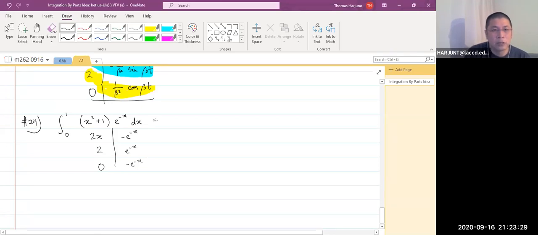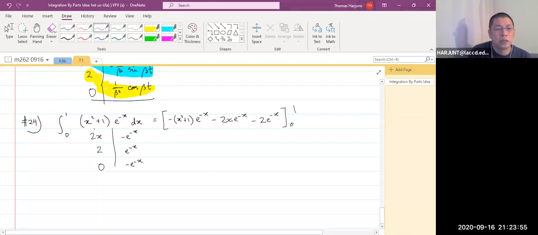So this is equal to negative (x squared plus 1) e to the negative x, minus 2x e to the negative x, minus 2e to the negative x, from 0 to 1.